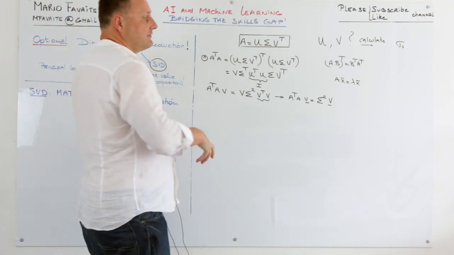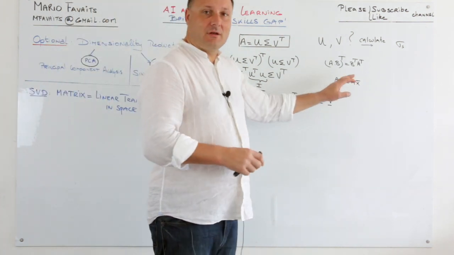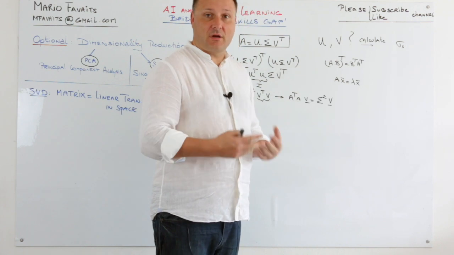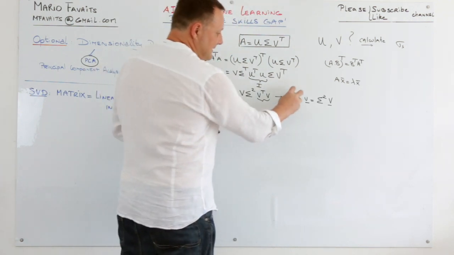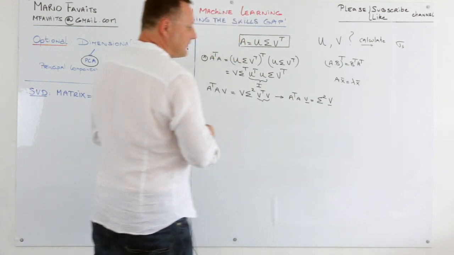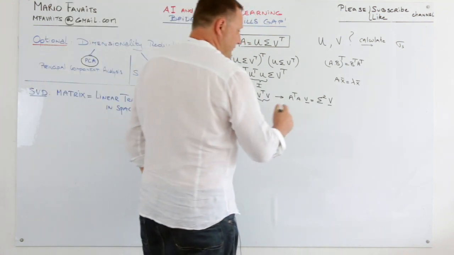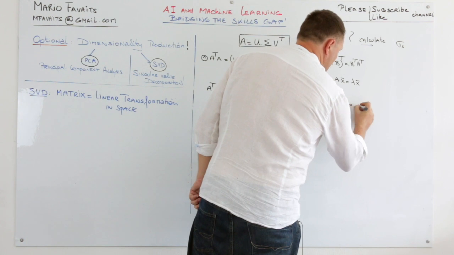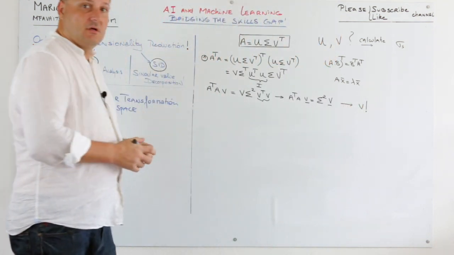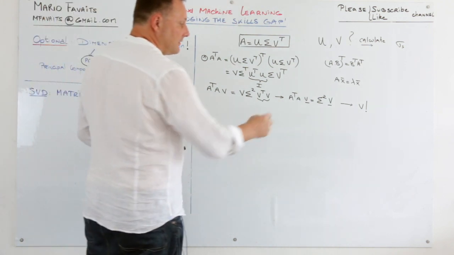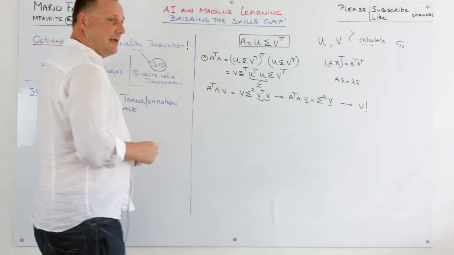So an eigenvector is unaffected by a matrix transformation. We've seen that in linear algebra. So here you can exactly see that we have that number. So from this we can calculate V. V is just an eigenvector of A transpose A.